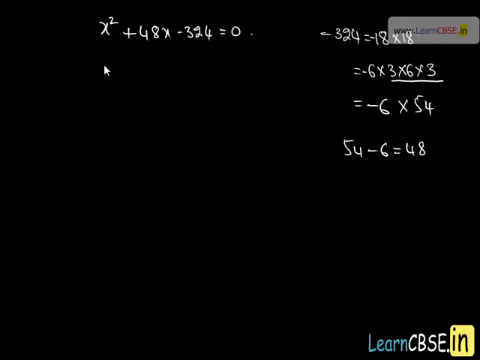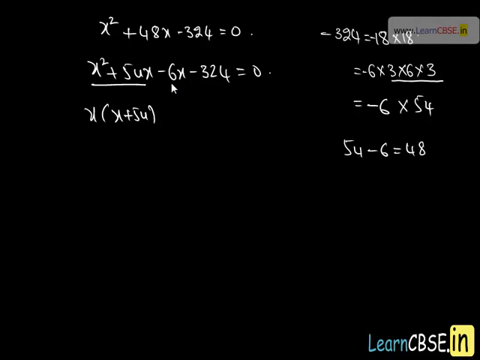So we can write it x square plus 54x minus 6x, and negative 324 is equal to 0. From these two terms we take x common, then we have x plus 54, and from here we take negative 6 common, and then we have negative 6 times x plus 54.